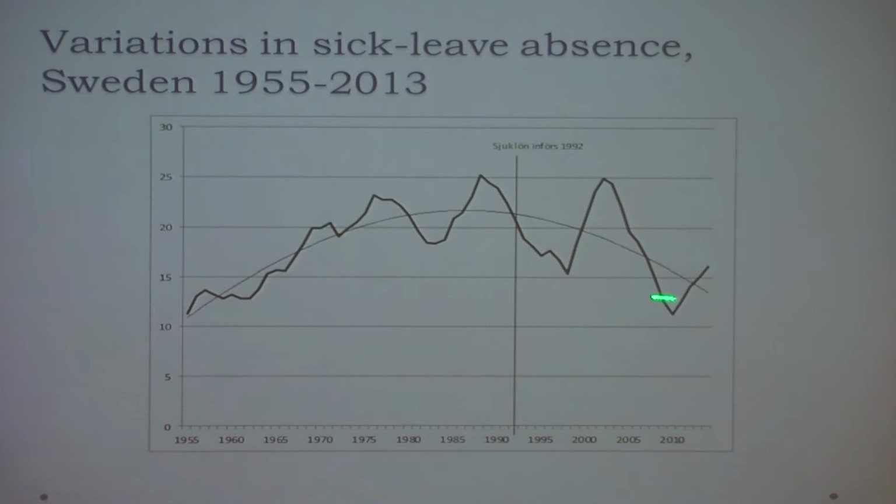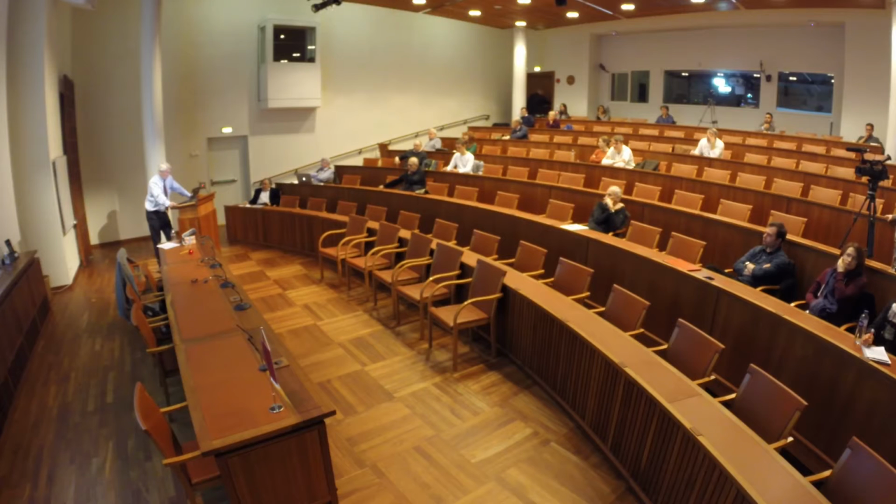Actually, the absentee level here is quite comparable to any other European country, the ones that we normally compare ourselves with. So let's try to come to grips with this instability.